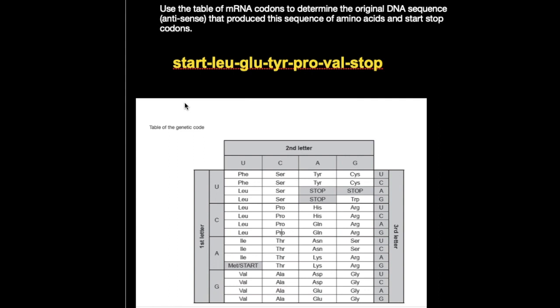The other strand is referred to as the sense strand, and that one would have the corresponding DNA bases that match the RNA sequence. And when I say the corresponding DNA bases, I say that because you need to remember that in DNA you do not find uracil. Thymine replaces uracil.